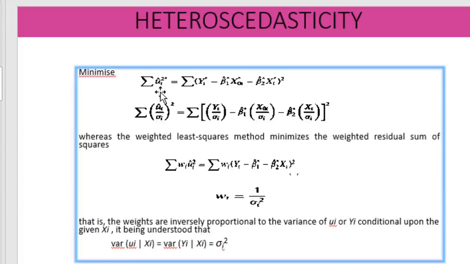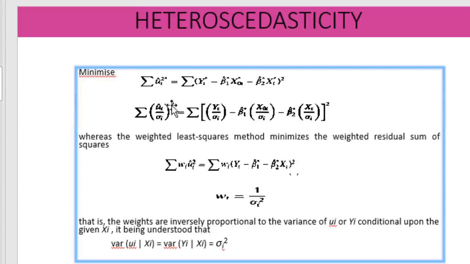Then minimize the given equation on the least square criterion, and the minimization here is the sum of ui cap star square, that is (ui cap by sigma i) the whole square, where yi star is yi by sigma i. Whereas the weighted least square method minimizes the weighted residual sum of squares. Here we are minimizing the weighted residual sum of squares, not the residual sum of squares.